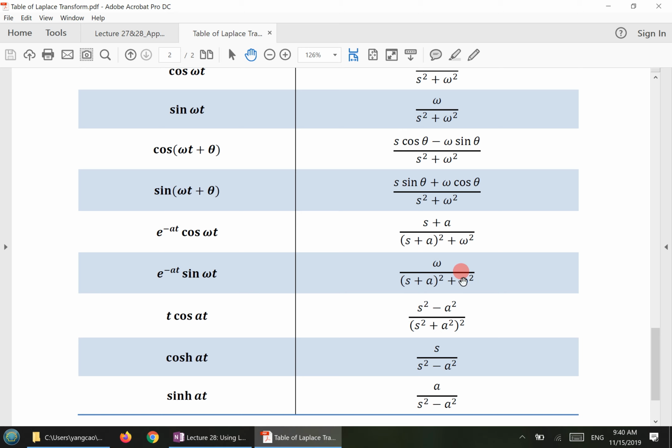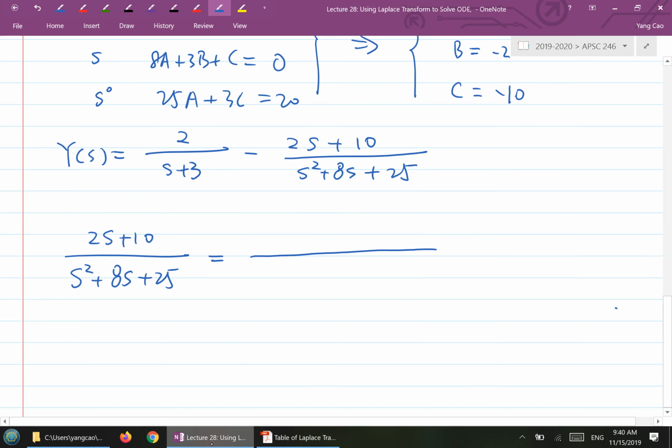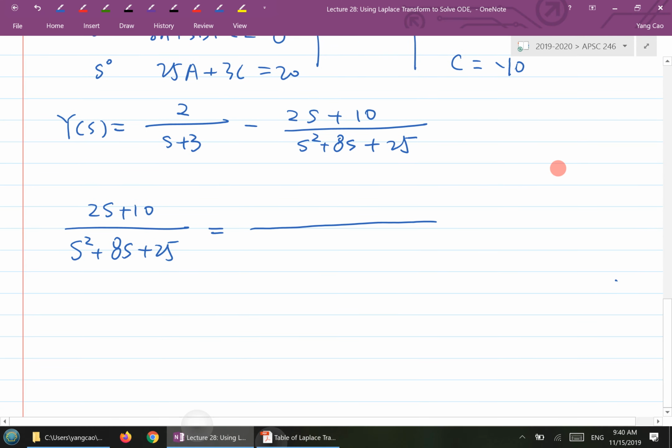If you look at the bottom here, what's the bottom? (s+a)² + ω². Let me write it down here: (s+a)² + ω², which is the same as s² + 2as + a² + ω².